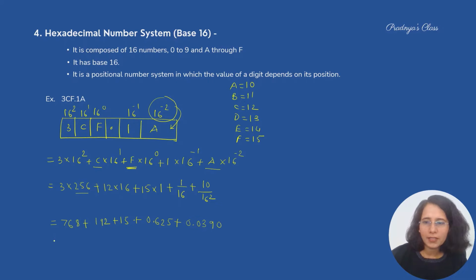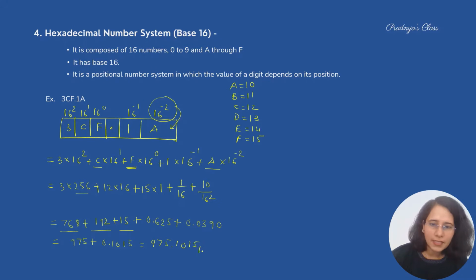So in the next step we will get 768 plus 192 plus 15 will be 975, and let's add this fractional part now, that is 0.1015. So finally we got 975.1015, and this is in the decimal number system, that's why base 10.